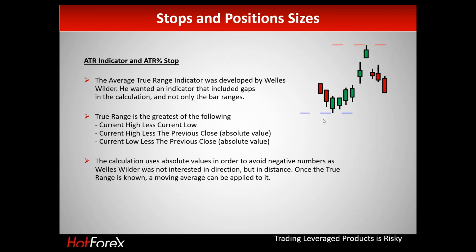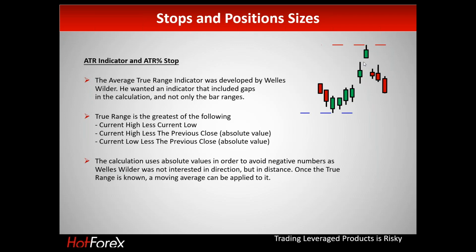So Wilder wanted to find the true range of the price movement, including the gaps. So you see the true range in this movement is this one, so we are including the gaps.